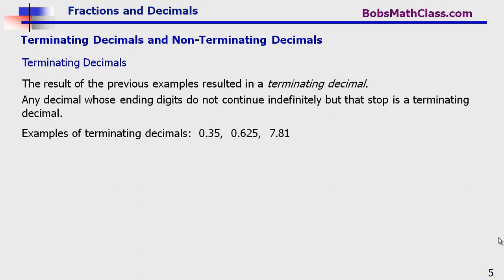So if it ends, it's called a terminating decimal. Here are some examples: 0.35, 0.625, 7.81. These are all terminating decimals.